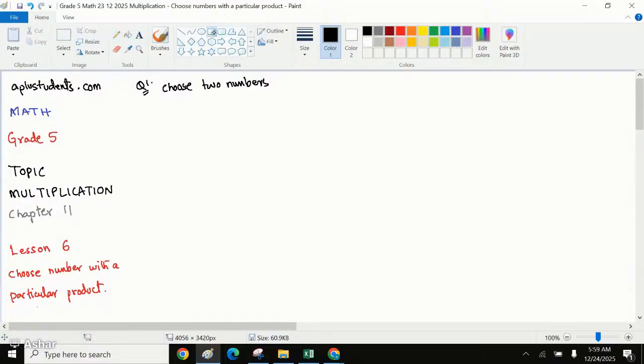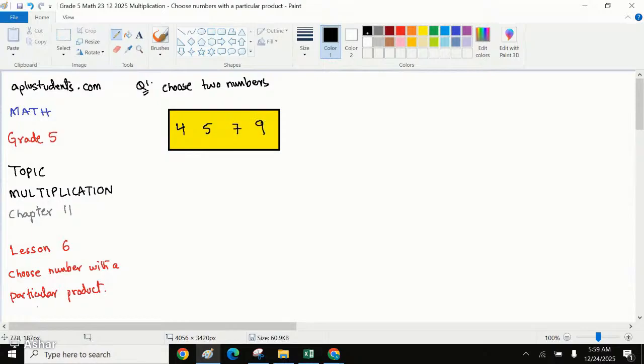The numbers given in the box are 4, 5, 7 and 9.